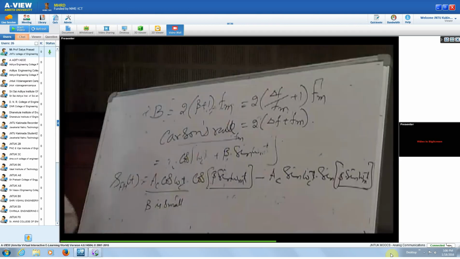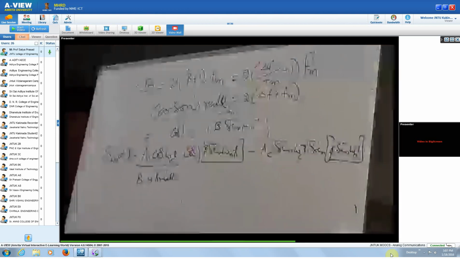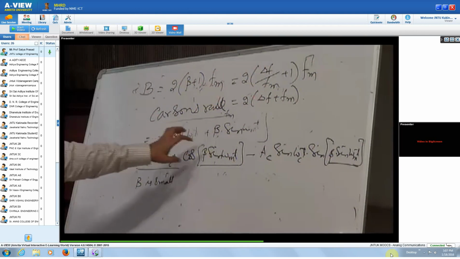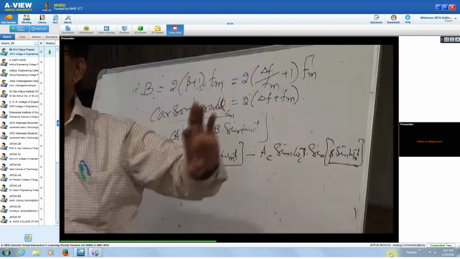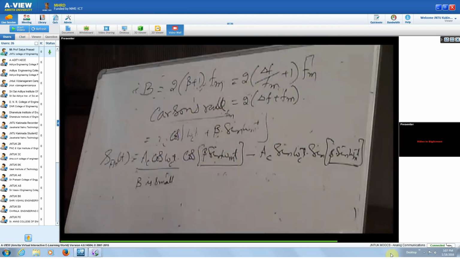When theta is very small, what is the value of cos theta? Cos theta is 1. And what is sin theta? It is theta, not 0.